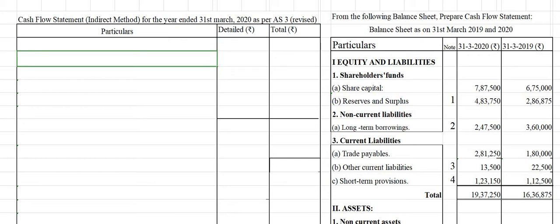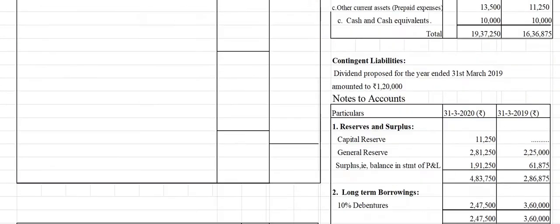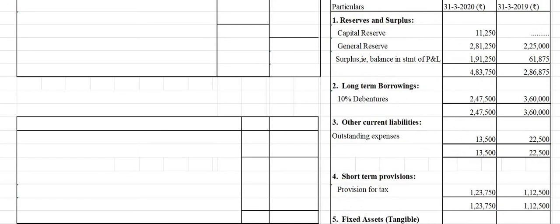In that we will write the first item as net profit before tax and extraordinary items. So that we have to calculate first. So let us do the calculation for that. Net profit, that means working note 1, net profit before tax and extraordinary items. So here is the statement.